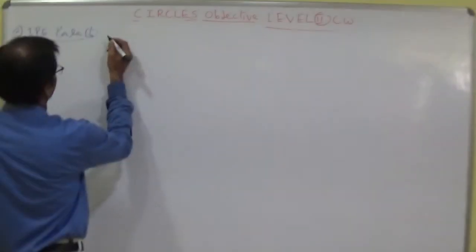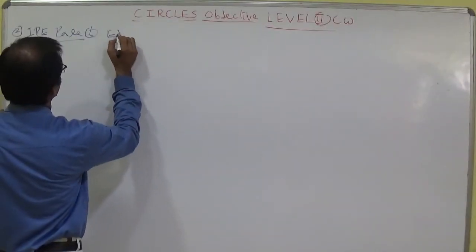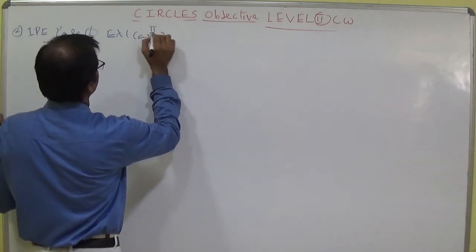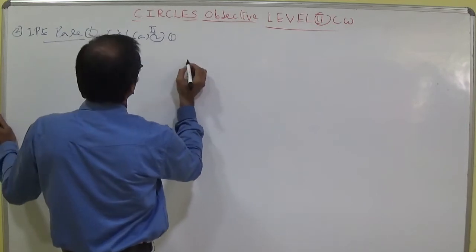Second question, an IPE sum, Exercise 1A, Roman number 2, general number 1.